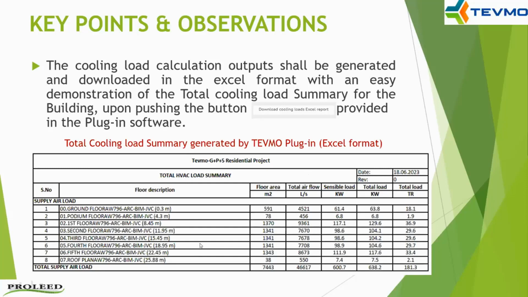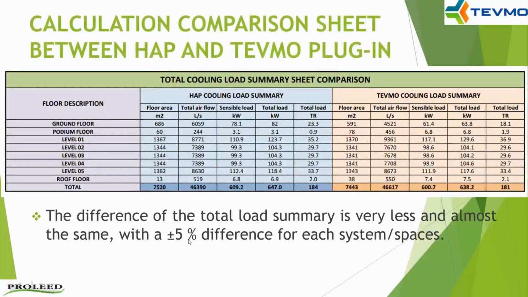I can show you the comparison sheet between what Proleed has done with HAP and the result we have got with the TEVMO plugin software. On the left, in blue, is the HAP cooling load summary calculated by Proleed, and we came across 184 TR supply load for this entire project.